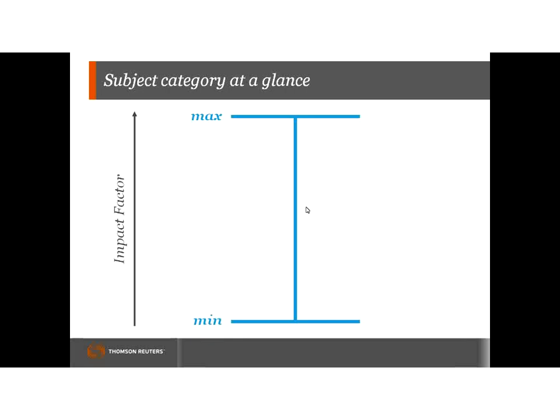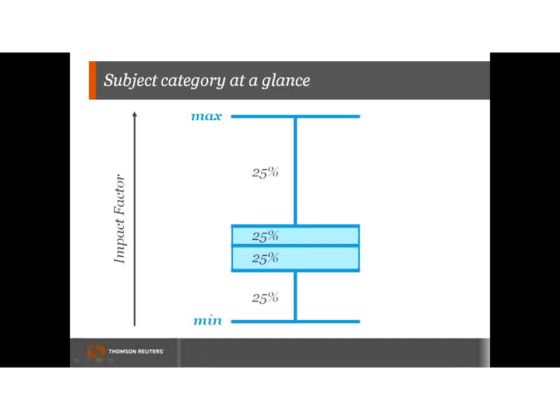But within a subject category, let's say chemistry, we take all the journals publishing in that research area, take the minimum and the maximum impact factor, and make a distribution every 25%. This is very easy to understand. Let's say you have 100 journals publishing in chemistry, just for the sake of the example.